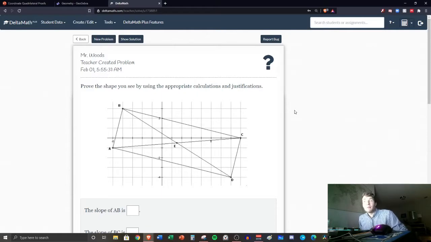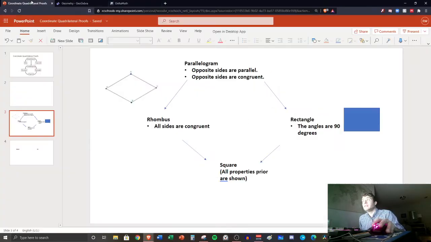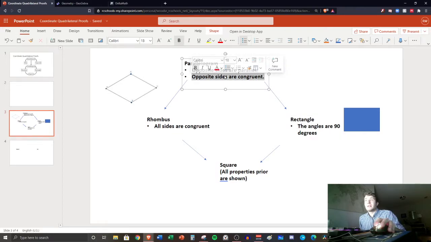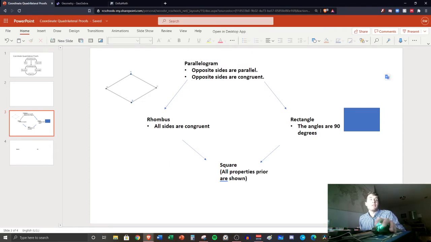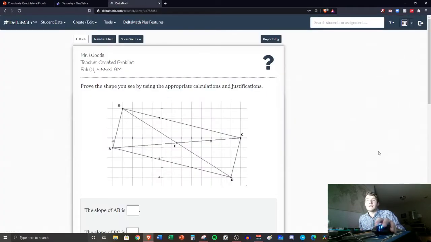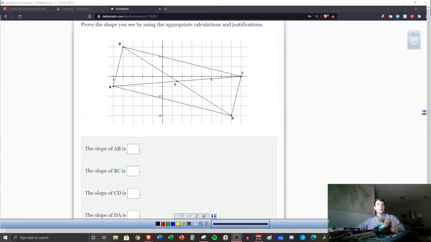So how are we going to prove that this is a rectangle? Well, we have to show that the angles are 90 degrees. We have to show that opposite sides are congruent, opposite sides are parallel. So all three of those properties have to be true in order for it to be a rectangle. So let's do this in our notes. So in your notes, let's put example, because we're going to be doing this one together.